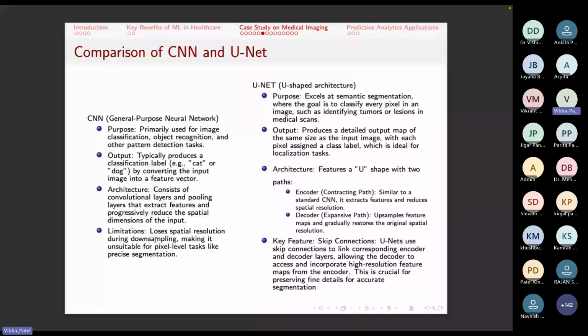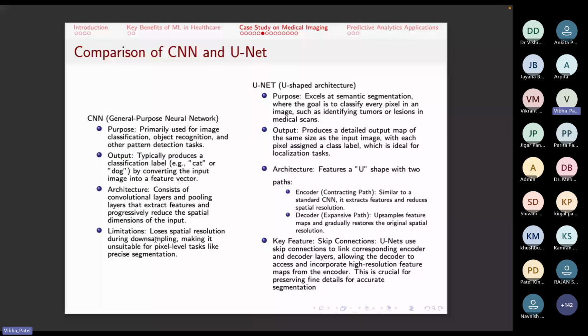Or you can make use of CNN for object recognition or pattern detection tasks. Let's say I have an image of a cat and a dog, and I want to classify it or give a label whether a given input image falls into the category of cat or the category of dog, then one can make use of CNN.